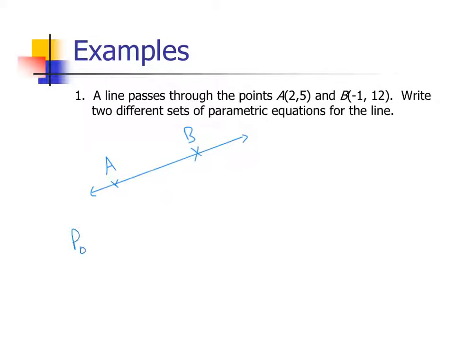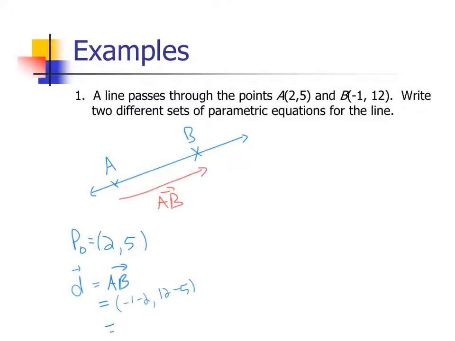It would describe the direction perfectly. So here, our direction vector AB, again, is going to be -1 minus 2, so that's the x coordinate of B minus the x coordinate of A, and 12 minus 5, or the y coordinate of B minus the y coordinate of A, which is -3, 7.